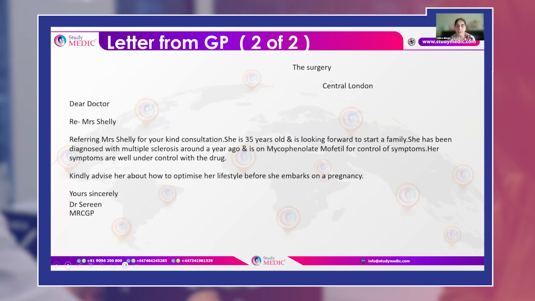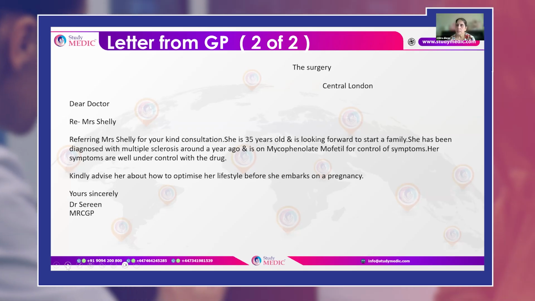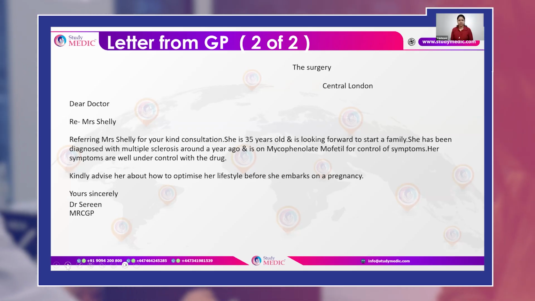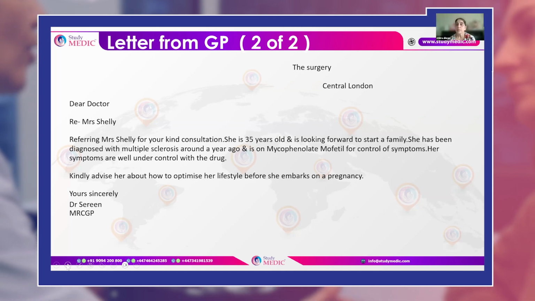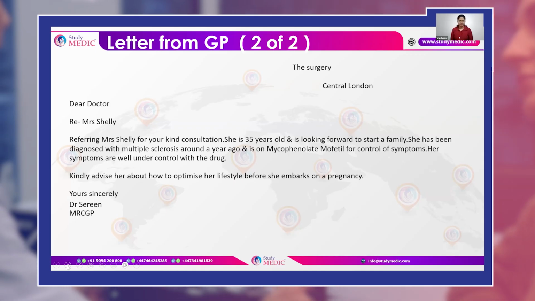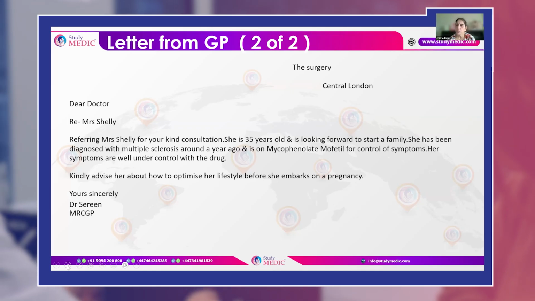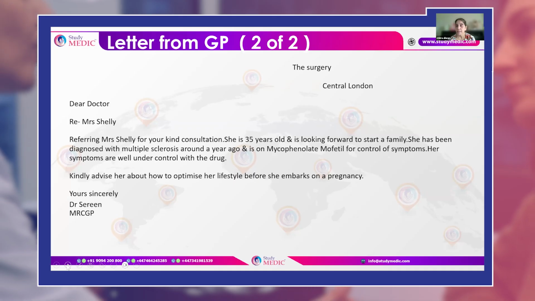A few personal questions, like, do you consume alcohol? Yes, occasionally I consume alcohol when I am with my family members. All right. What about smoking? I do smoke about 4 to 5 cigarettes every day. Right. So, Shelley, as you know, smoking in general would adversely affect your general health.